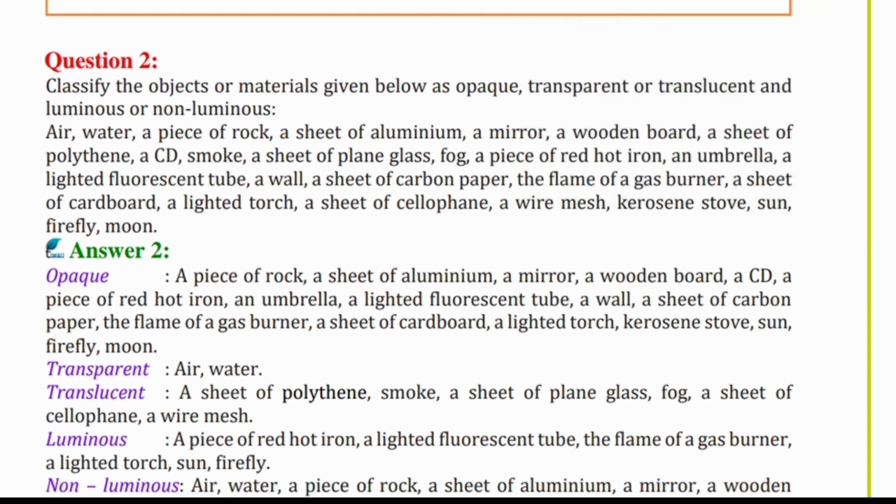A piece of rock. A piece of rock is an object which is opaque.